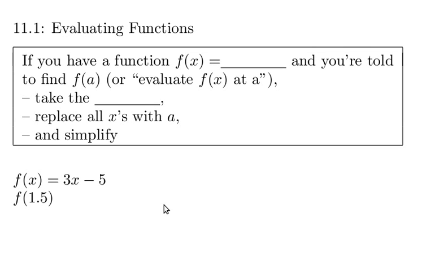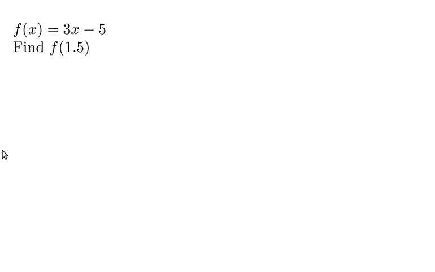So we're told that this is what f of x is, and we need to find f of 1.5. Okay, well, I'm going to take the x out and put 1.5 in for x.